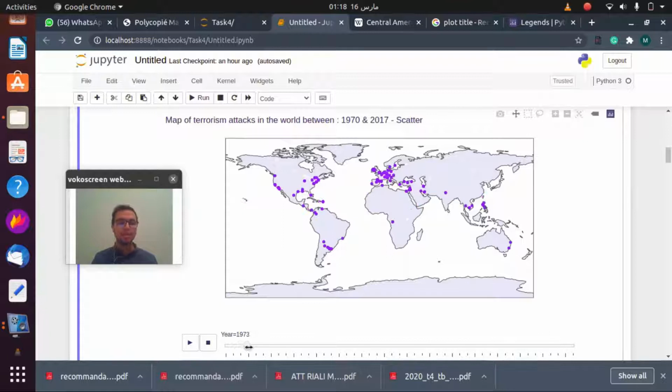For instance, in the years between 1970 and 1988, plus or minus some 2 years, we can see that the hot zone was in South and Central America, and at the lowest rate in Europe.